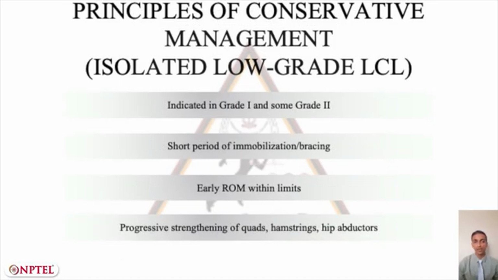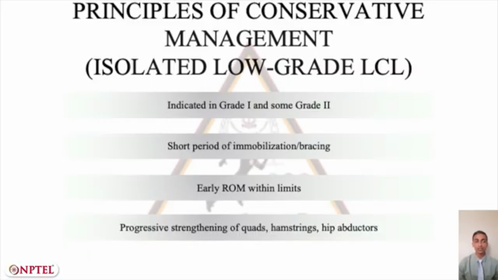Most isolated grade 1 and grade 2 LCL injuries are managed non-operatively or conservatively. The key is short-term bracing with protection against varus forces. That is, forces directed from the inner aspect to the outer aspect of the knee.